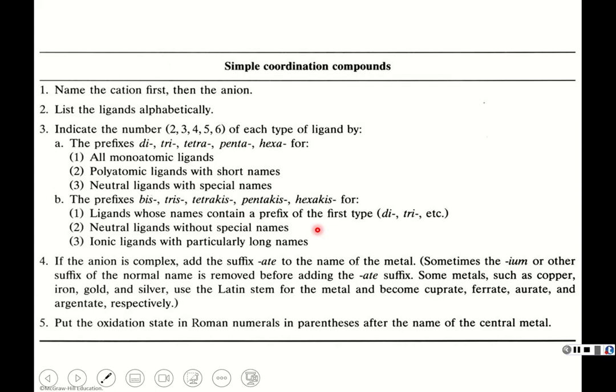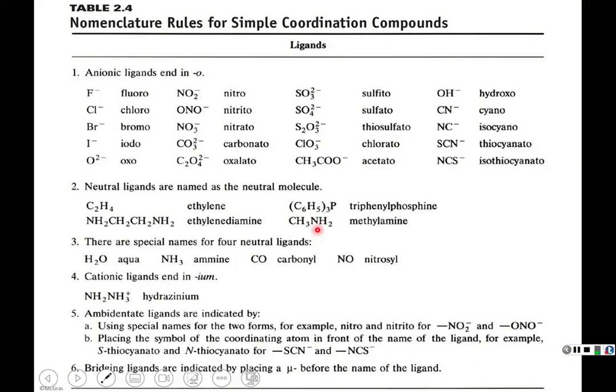This is another list of the rules for naming coordination compounds. I think it's pretty similar to the ones that we've gone through from the book, but it's just a different way to put it from a different source, and they're all together on one slide. Here is a more complete table of some ligands.